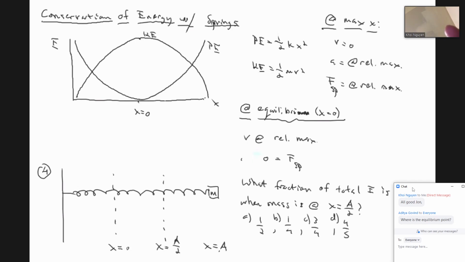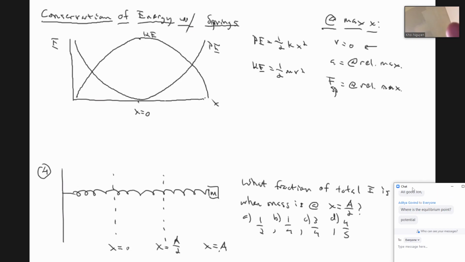So let's erase this real quick. So initially, what energy states did we start with? Are we in motion at this point? Yeah, we have all potential. And then at this point, we have potential plus kinetic, right? So PE initial is equal to PE plus kinetic.